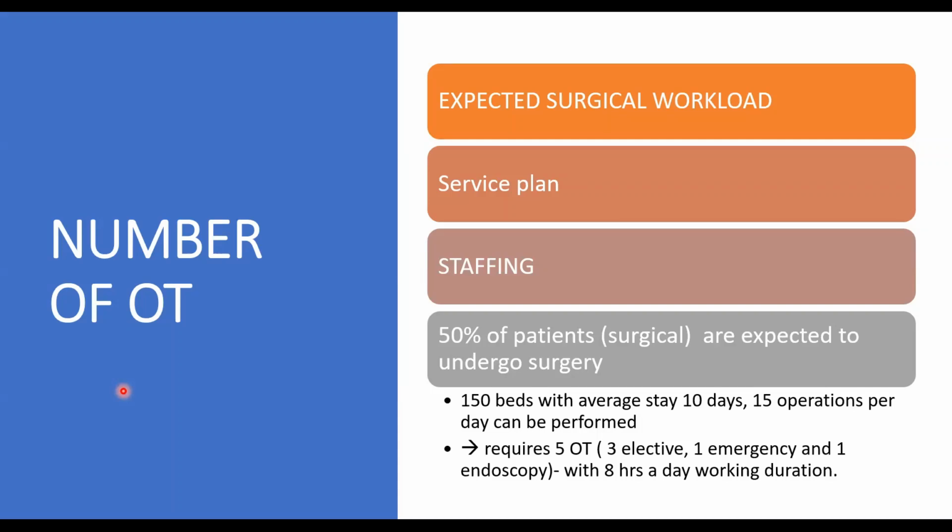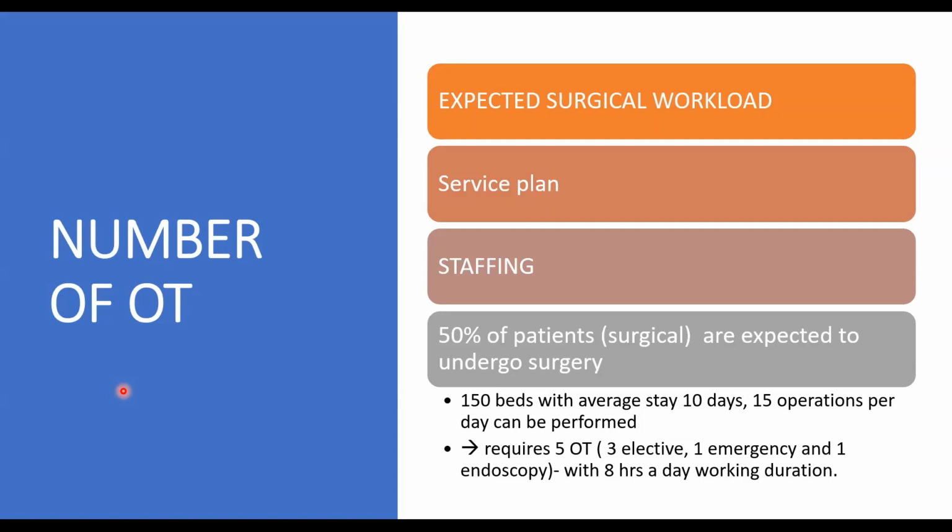Usually one operating theater can run about 8 hours, with a maximum of not more than 5 cases a day. So if you consider that in the calculation, with 150 beds, you might require about 5 operating theatres, probably 3 elective, 1 emergency, and 1 endoscopy.